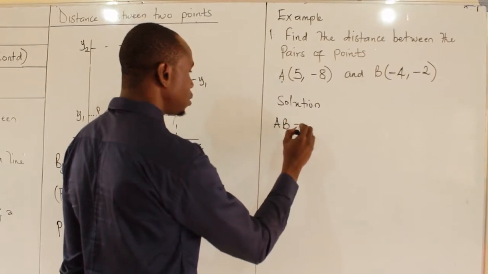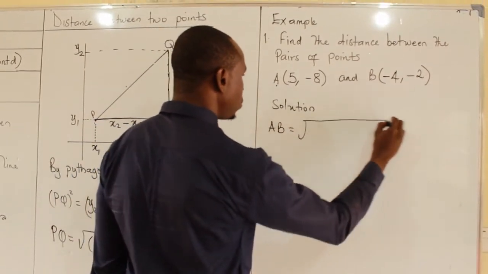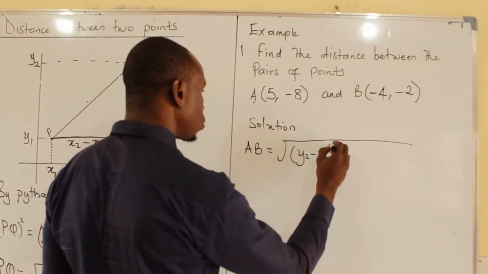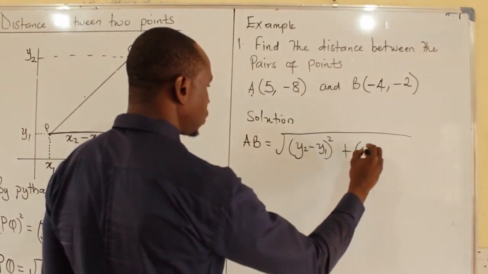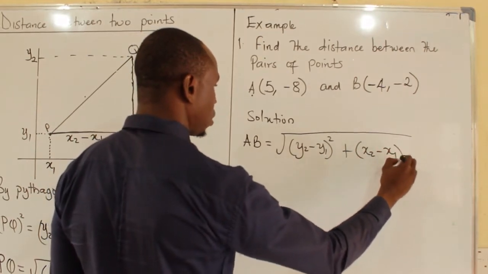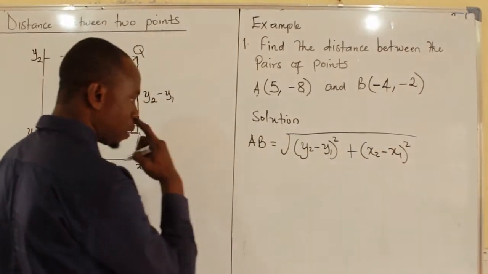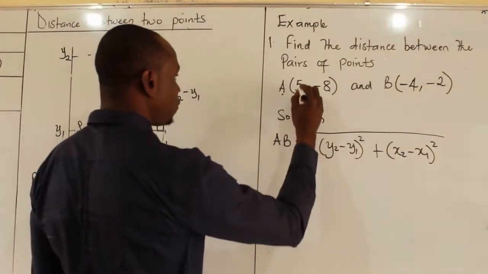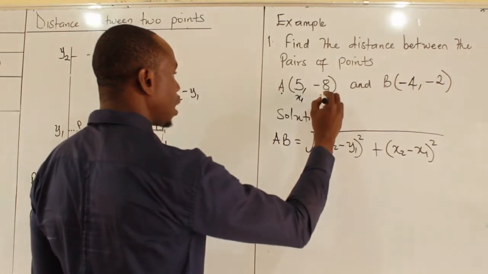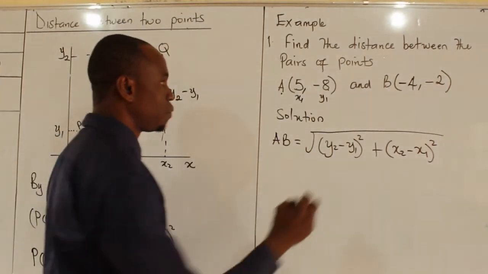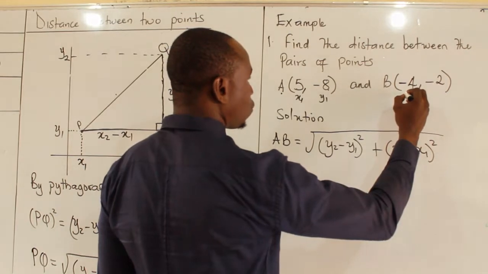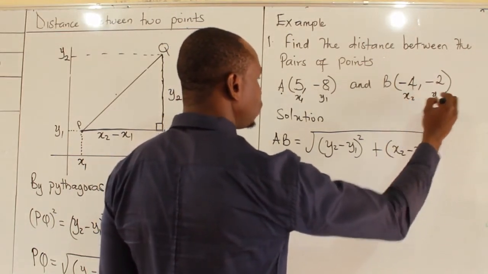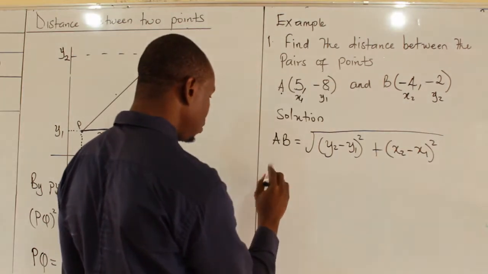AB is equal to square root of y2 minus y1 all squared plus x2 minus x1 all squared. So to help our understanding, we have to label 5 as our x1 and minus 8 as our y1, and then we label minus 4 as our x2 and minus 2 as our y2. So we just input those values here.